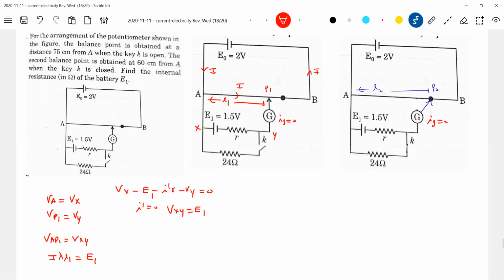Okay, now come to the points. Again, these are called XY. Now there'll be a current, I dash. Okay, so this is the I dash. Okay, we got this one.